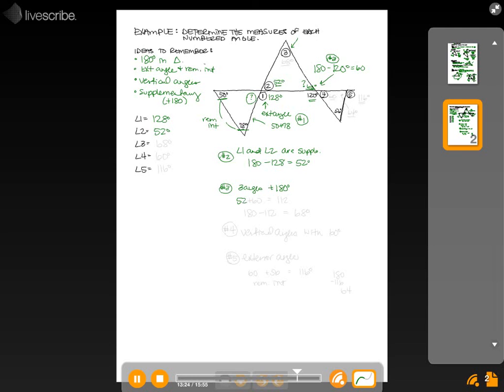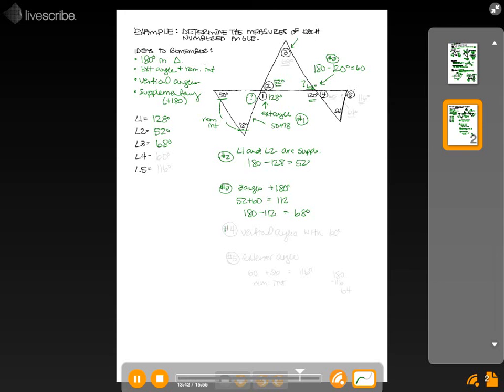So 52 plus 60 equals 112, and then you have 180 minus 112, and we end up getting 68. So there's angle 3, 68 degrees.